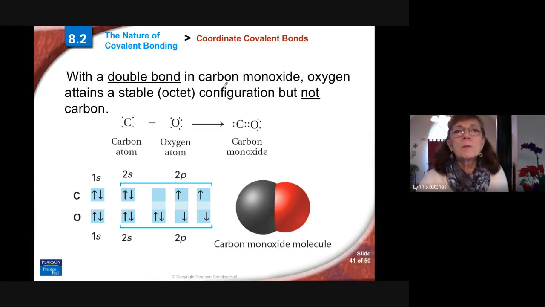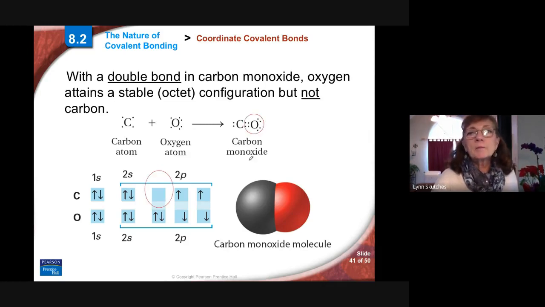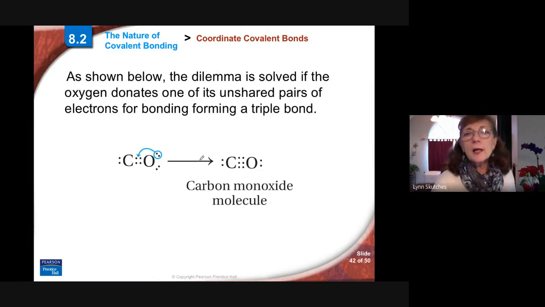It gets a double bond, but it's not a double bond in the normal sense of the word. So in this molecule, the oxygen borrows 2 of the carbon's electrons. That's not surprising, but the carbon, in order to get an octet, has to move.